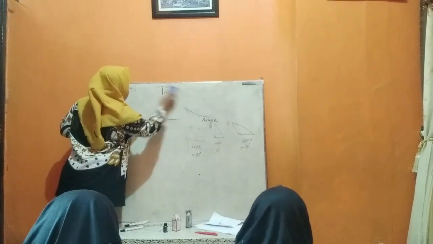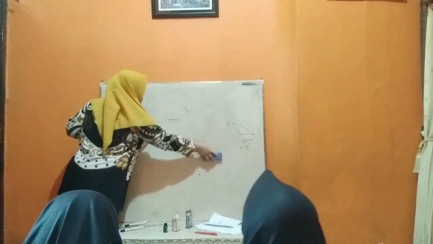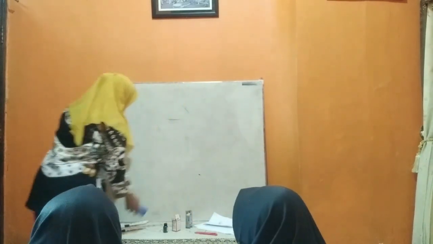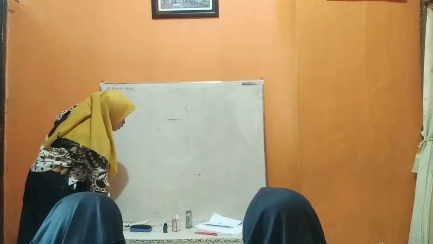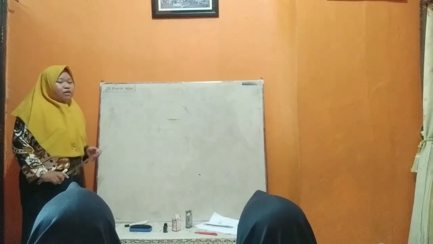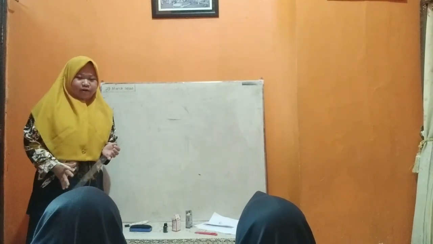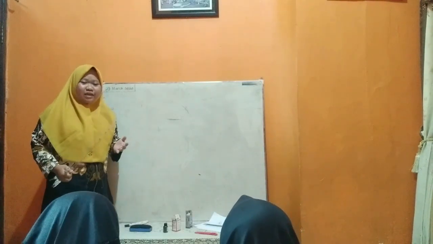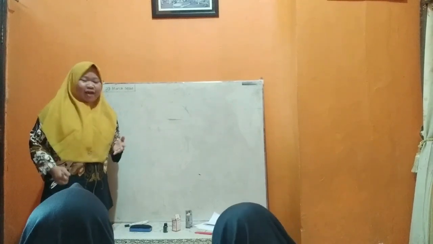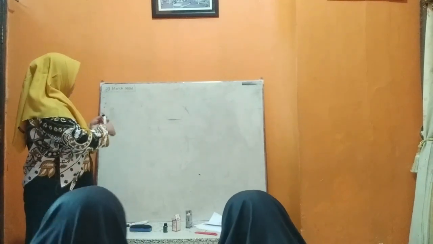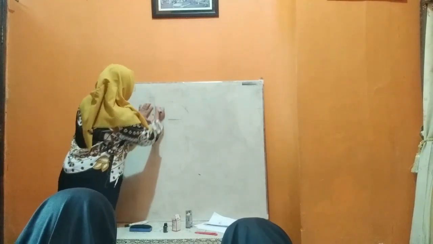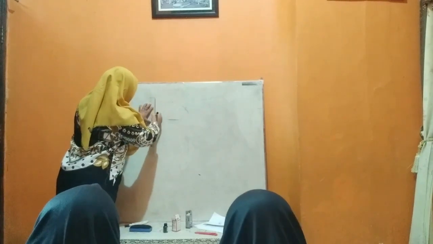do you remember about square? Yes, Miss. What is the area of a square? The area of a square is side multiplied by side. I will try to draw the square.